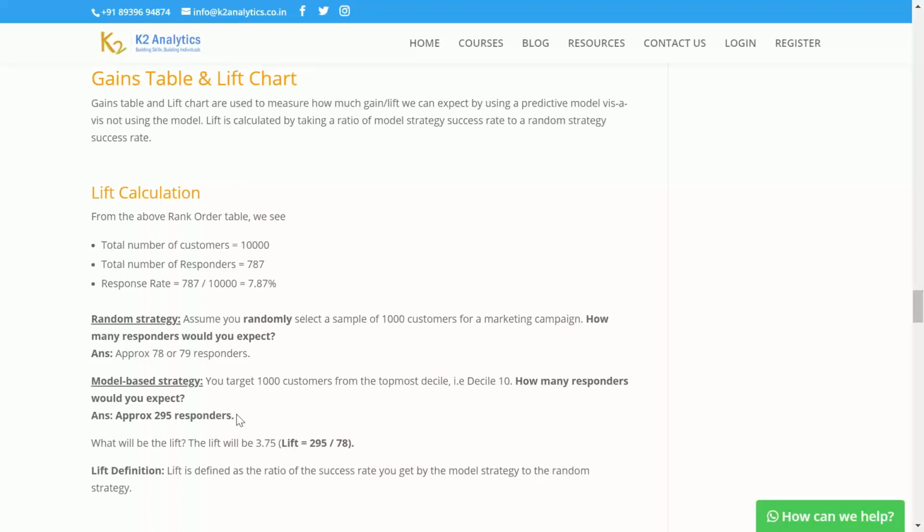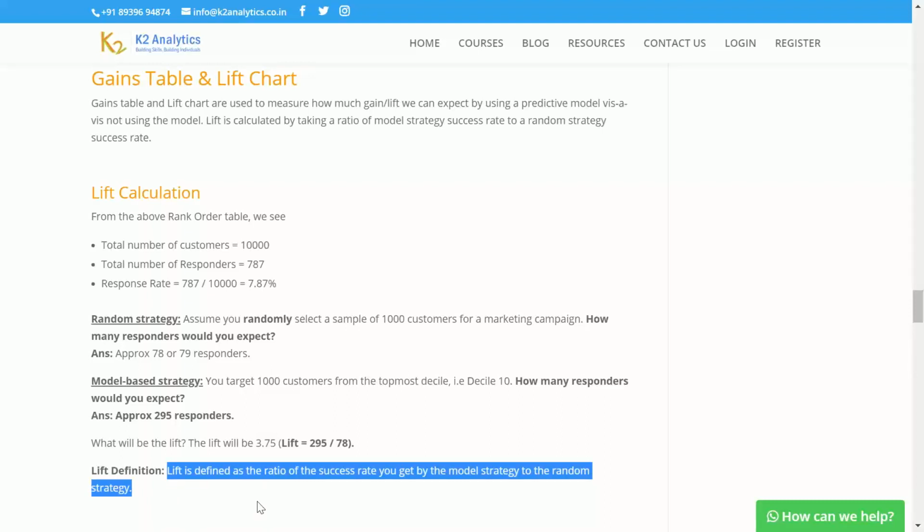In a random strategy, I get a 7.8% response rate. In a model strategy, I have got a 29.5% response rate. 29.5 divided by 7.8 is 3.75, which means if I target just 1,000 customers using a model strategy, it gives me a lift of 3.75 times the random strategy. The definition of lift is the ratio of the success rate you get by the model strategy to the random strategy.